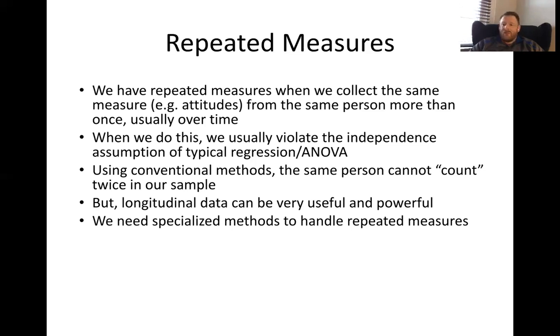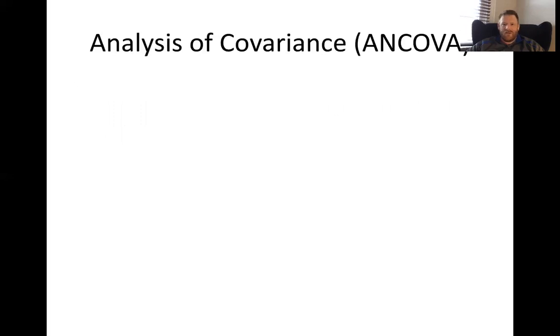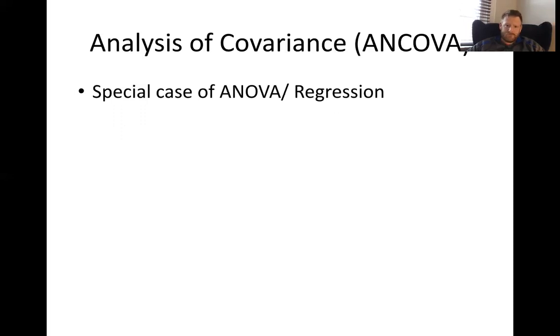And it can really answer some cool questions that you just can't get at from a cross-sectional or one-time data collection. And so we need a little bit more specialized methods to handle those situations where we have repeated measures. And one of those specialized methods is analysis of covariance, or ANCOVA.